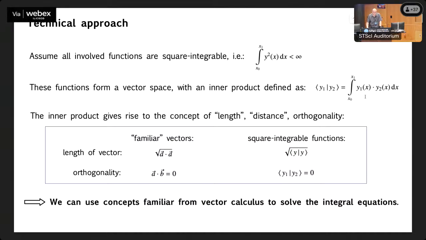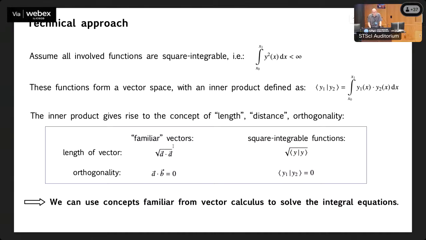And if one has a vector space that has an inner product, the inner product gives rise to such very familiar concepts, like length or distance or orthogonality. Just to illustrate this with some familiar vectors, think of a vector in three-dimensional space. The length of this vector is just the square root of the inner product, the normal scalar product of the vector with itself.